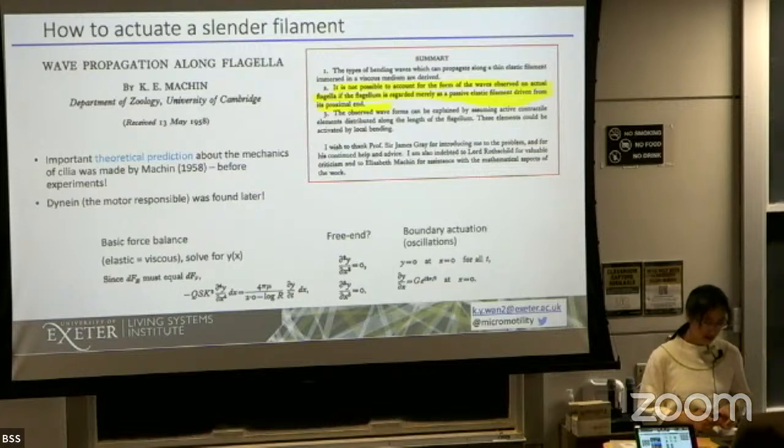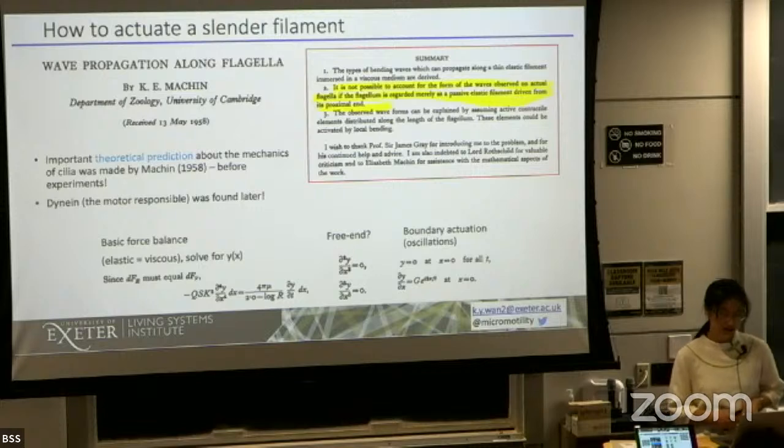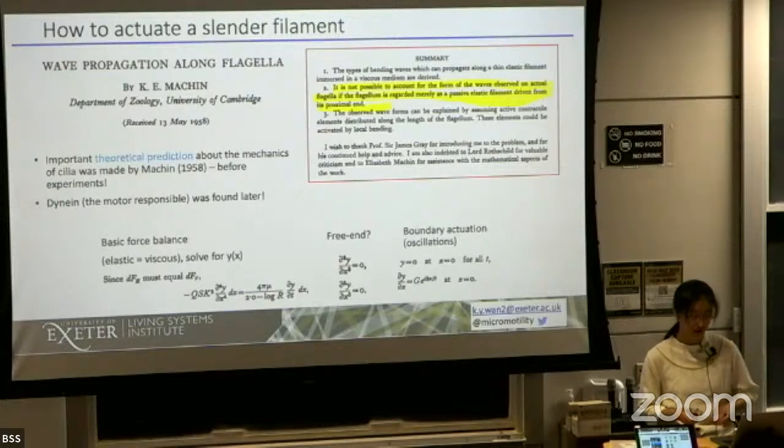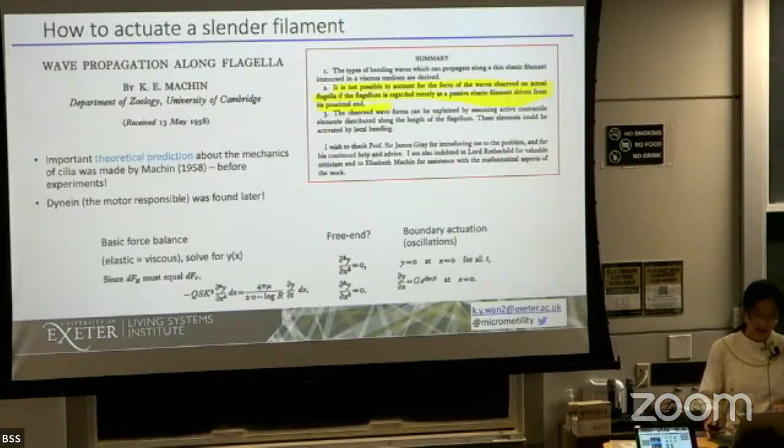So what are these boundary conditions? Imagine that you're wriggling an elastic filament from the end. Then at the x equals 0 end, obviously y is 0, and then the movement can be described by an oscillation, if you are wriggling it with some set frequency, let's say.